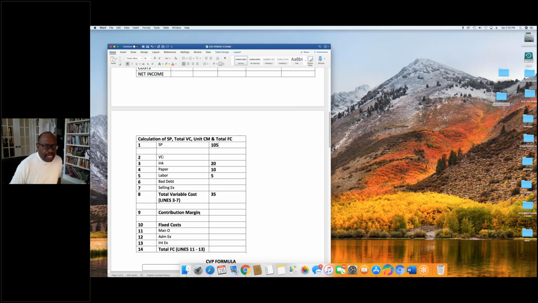Next, we calculate our contribution margin, and the contribution margin is simply line 1, the selling price, minus line 8, total variable cost. So I'm adding this to the template.